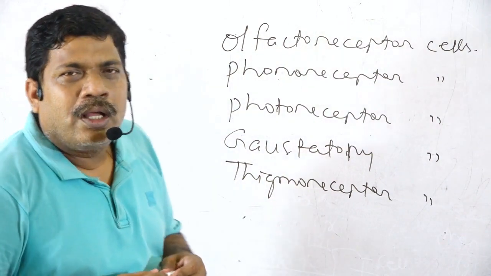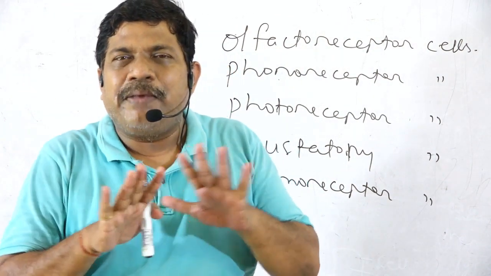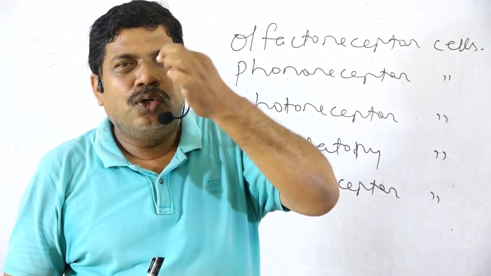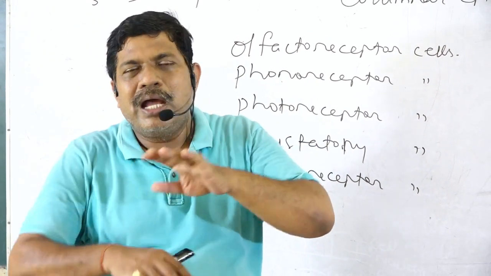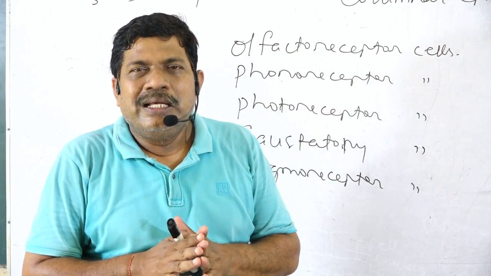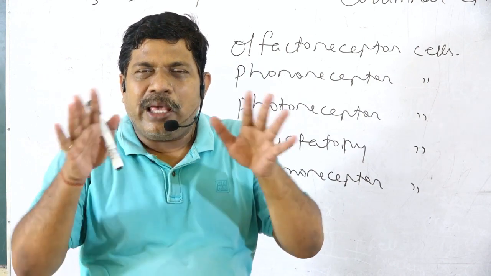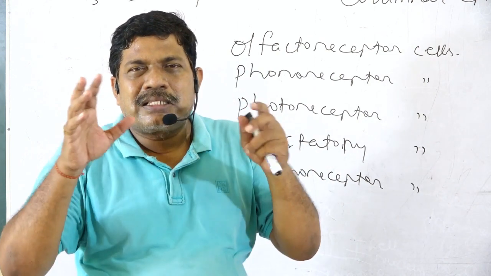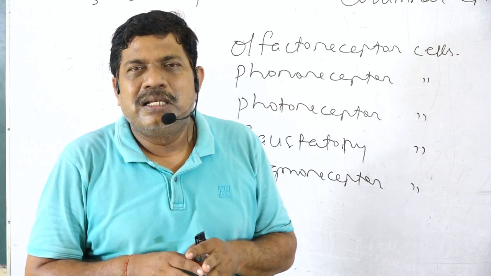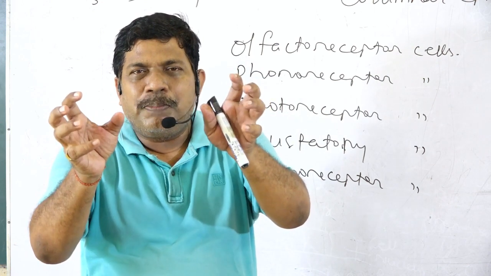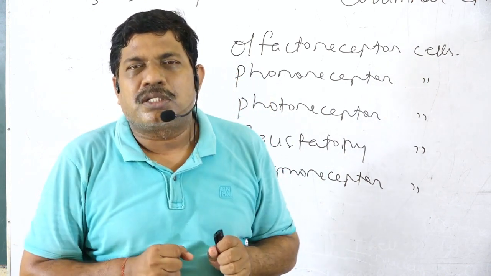So we have 5 sense organs: eye, ear, nose, tongue and skin. And these 5 sense organs possess the epithelium called sensory epithelium. And those sensory epithelial cells possess various sensory hairs which help to pick up the stimulus.